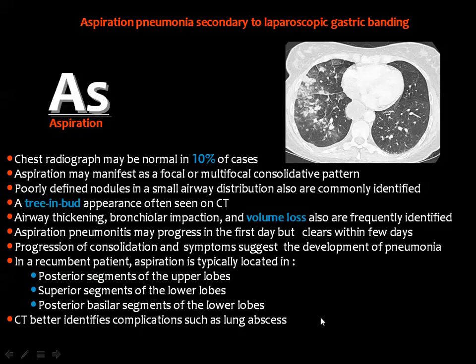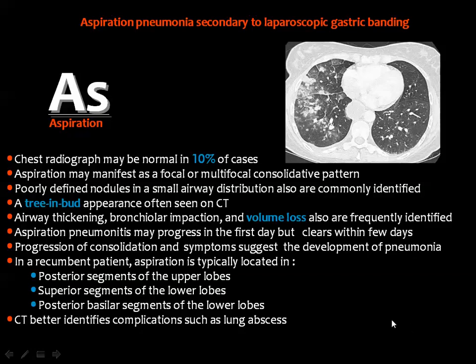The aspiration pneumonia may be associated with volume loss of the affected part of the lung, and pneumonitis may progress in the first day but clears within a few days, while progression of consolidation and symptoms suggests the development of pneumonia.